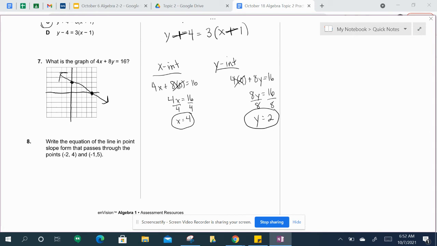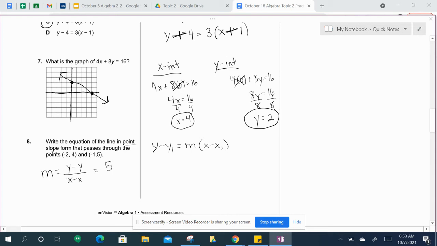All right, number 8 says write the equation of the line in point slope form again. So we're going back to point slope: y minus y1 is equal to m times x minus x1. I'm given 2 points this time, so I'm going to take a minute and find the slope. Slope is found by taking y minus y over x minus x.